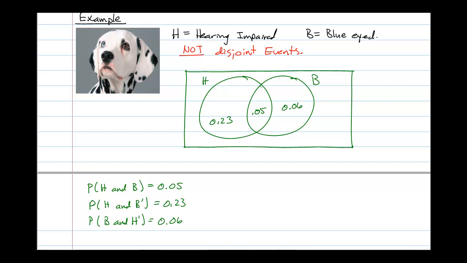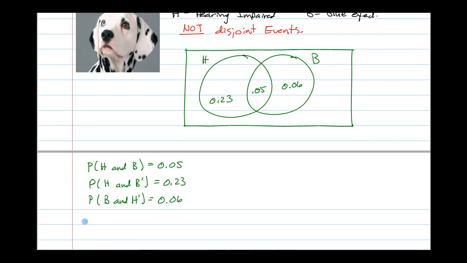Now, first of all, let's go ahead and see some different probabilities that we could work with from here. So we could find, and again in red are the ones that I'm going to be finding, what's the probability of being hearing impaired or blue-eyed? Well, we can clearly see these are not disjoint events. That would be the probability of hearing impaired plus the probability of blue-eyed minus the probability of their intersection because we counted them twice.